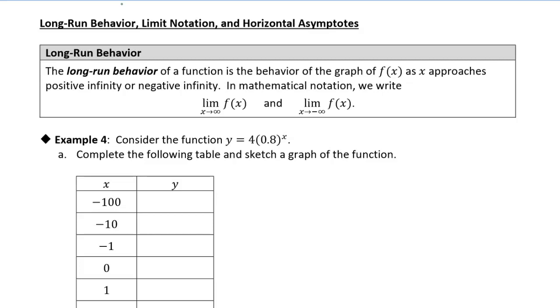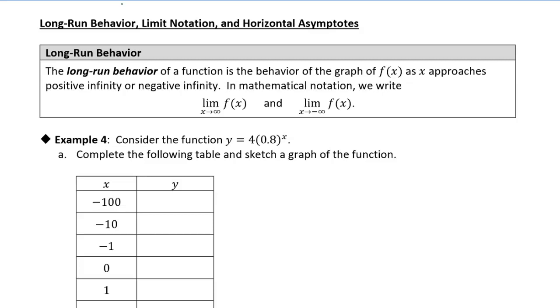And we have a notation for that in mathematics, the limit notation. So we say here that we're looking at the limit as x approaches infinity of f of x, or the limit as x approaches negative infinity of f of x.